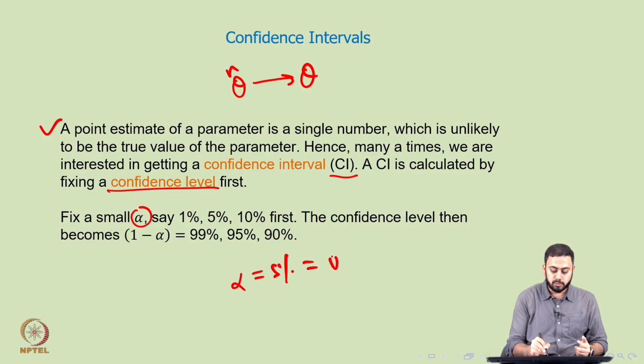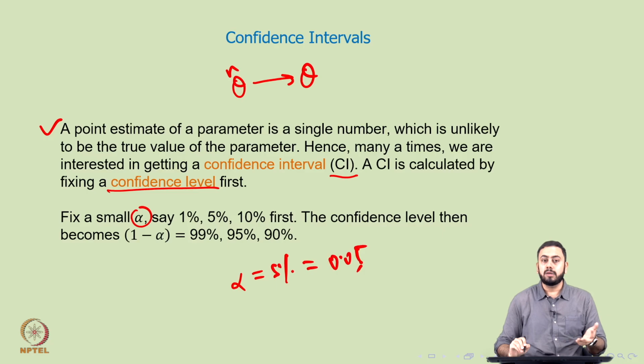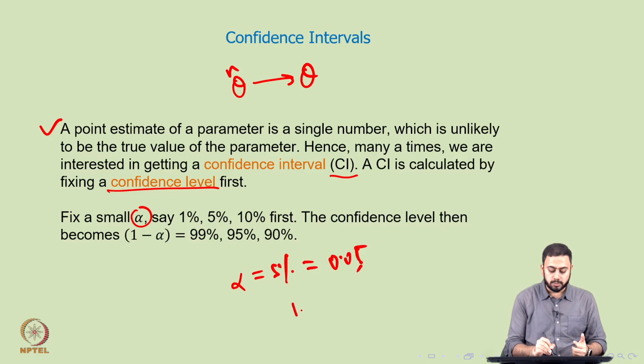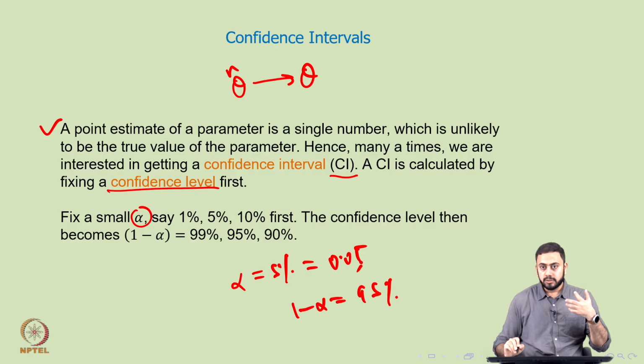So 5% means 0.05. Then the confidence level is nothing but 1 minus alpha. So if alpha is 5%, then the confidence level, which is 1 minus alpha, happens to be 95%. The moment you fix the confidence level, we can talk about a 95% CI. Any confidence interval has to begin with a confidence level.